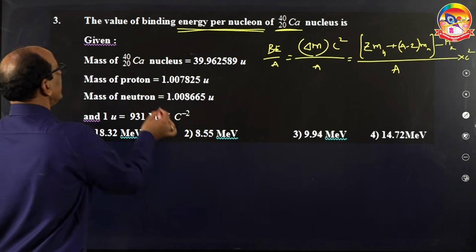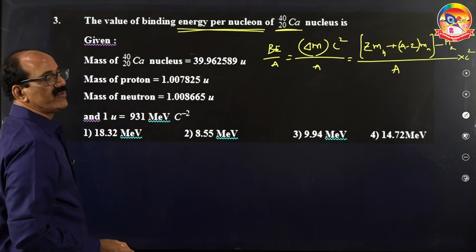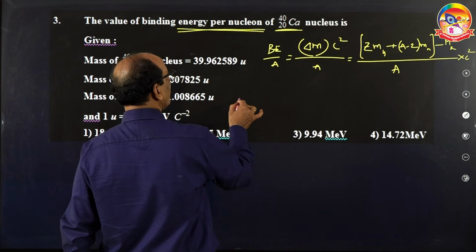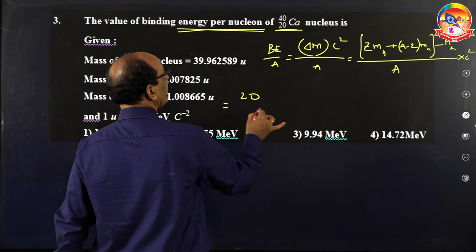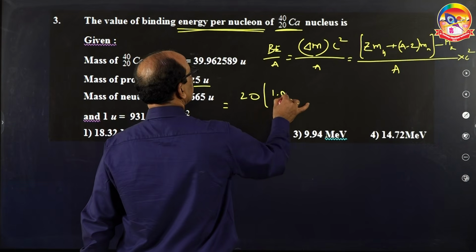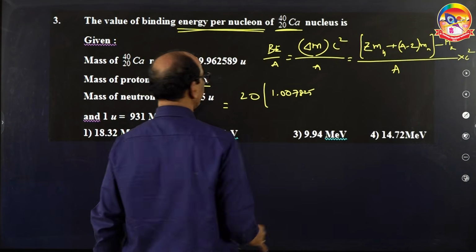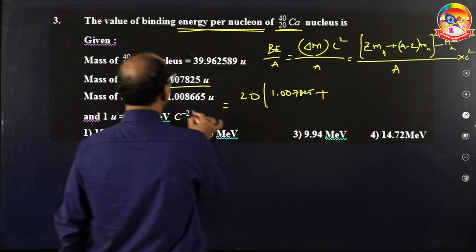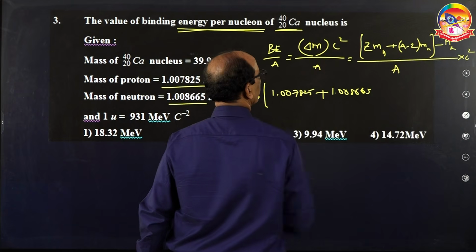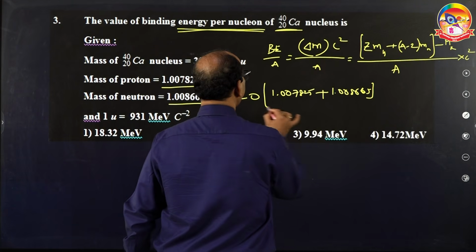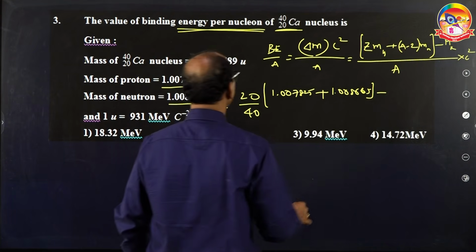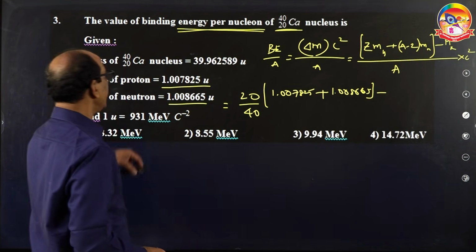Here for calcium 40, the number of neutrons and the number of protons is each 20. Therefore, we can say 20 times the mass of proton, which is given to be 1.007825, plus 20 times the mass of neutron, which is 1.008665 AMU.